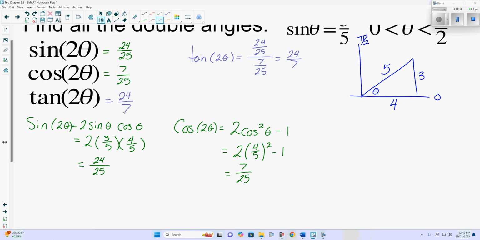Because we can also use the tangent of 2 theta theorem to get 2 tangent over 1 minus tangent squared. It will still give us 24/7.